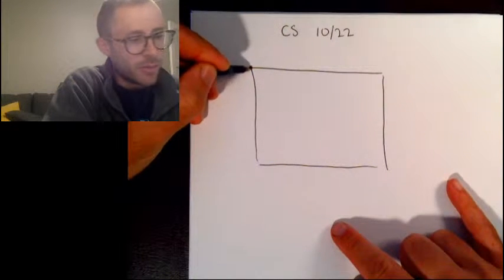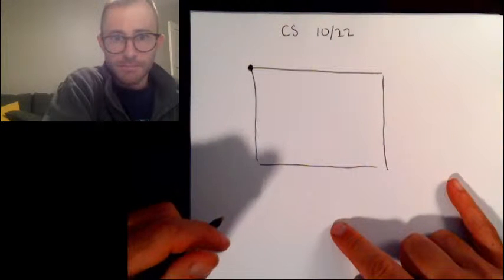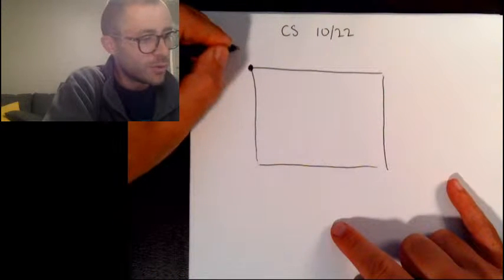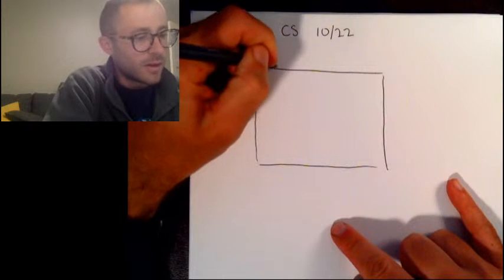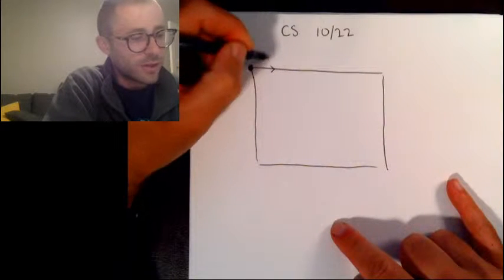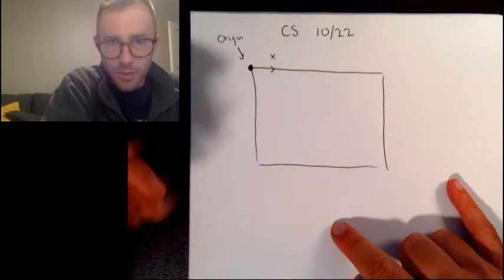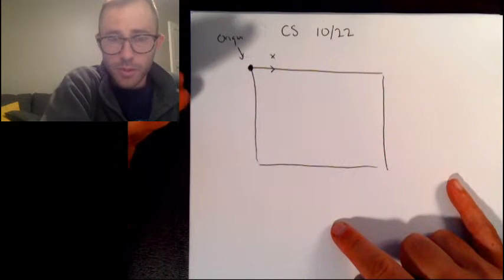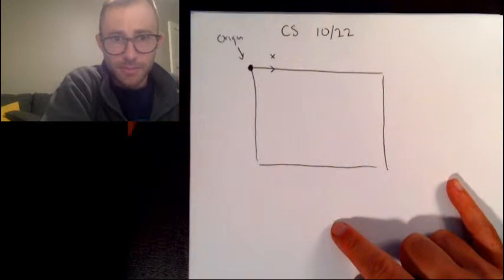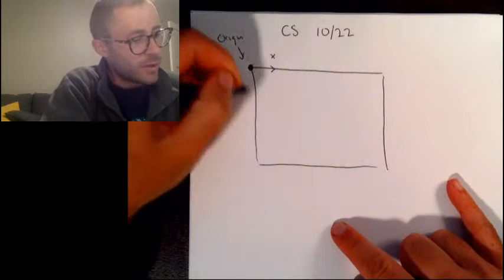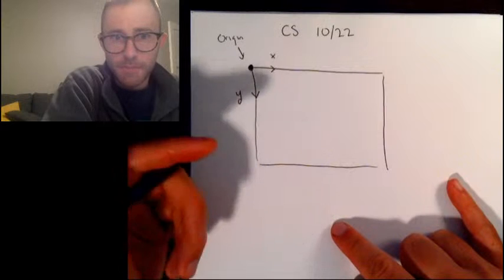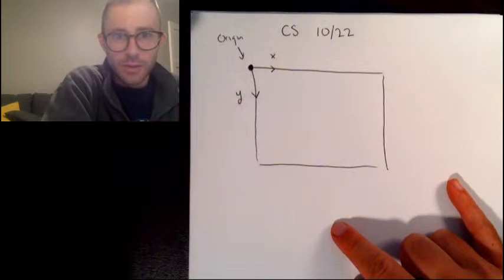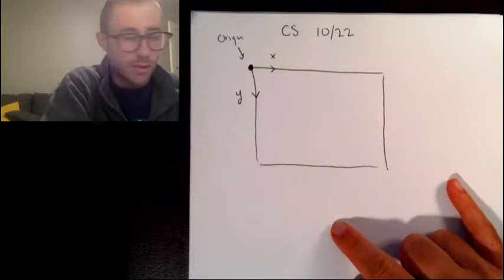Then they put the origin right here. This is the X direction, and a little bit different from math class, the Y direction actually increases downward, and it's measured in pixels.